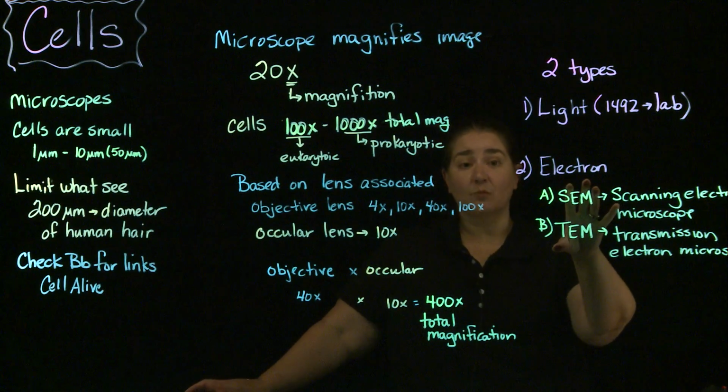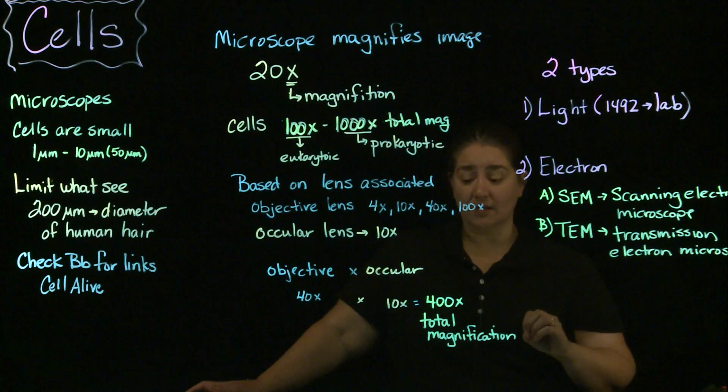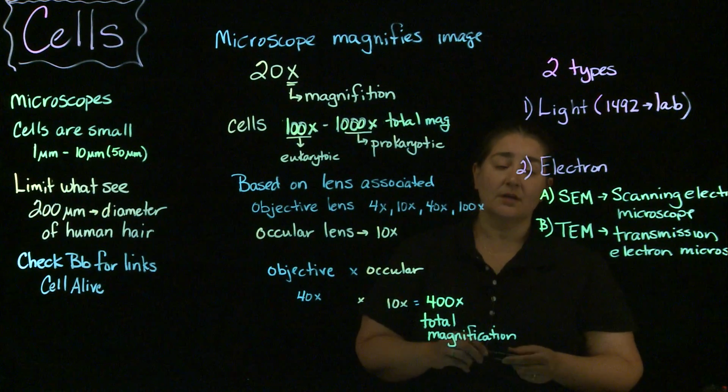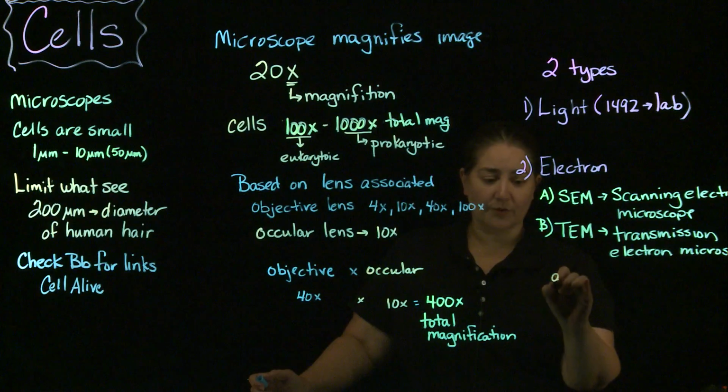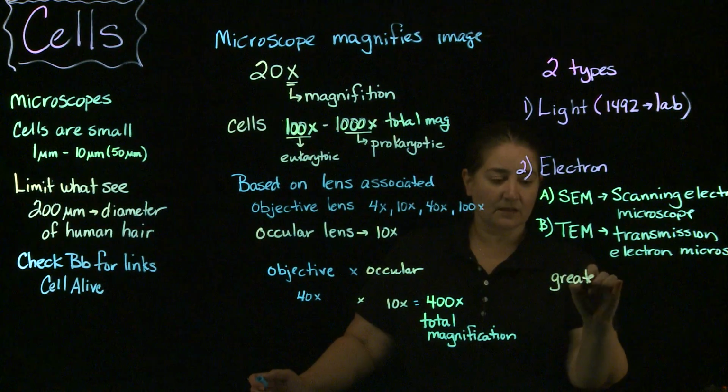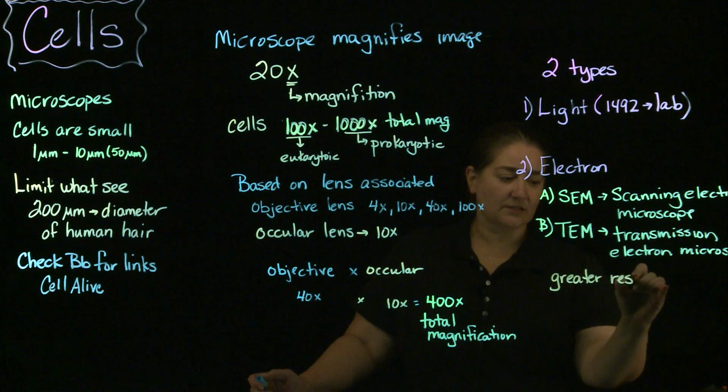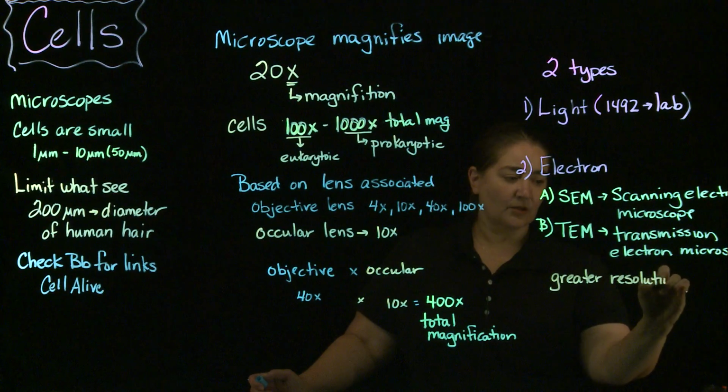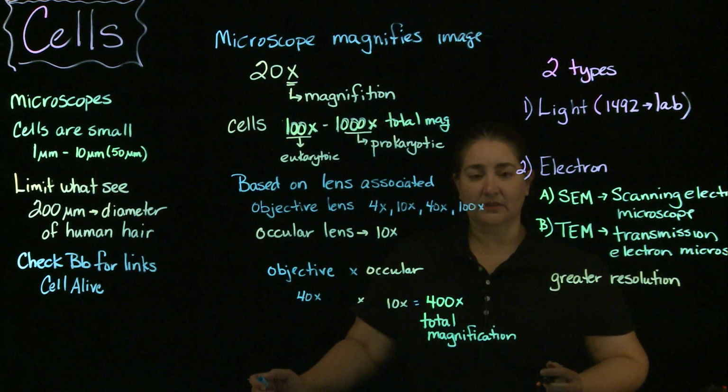You get to see a lot more detail associated with the electron microscope because the electron microscope has what's known as greater resolution. All right?